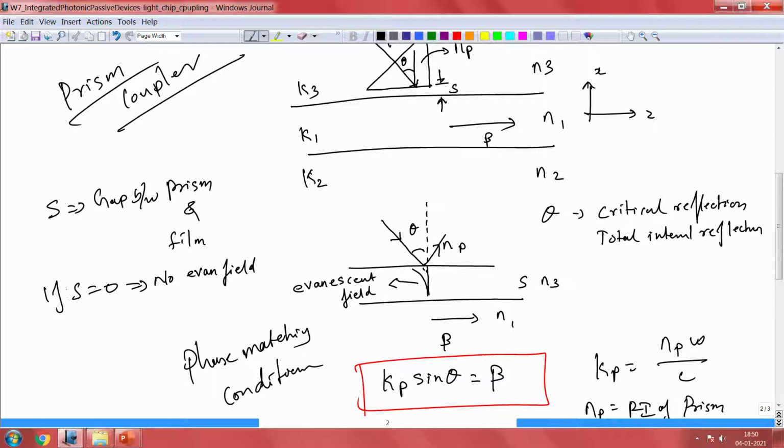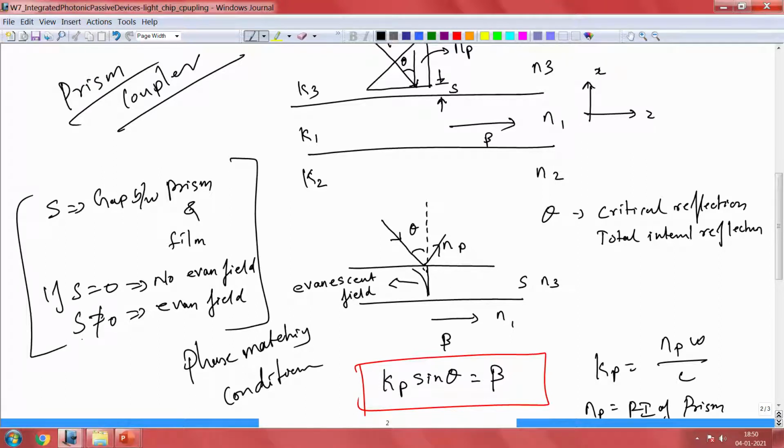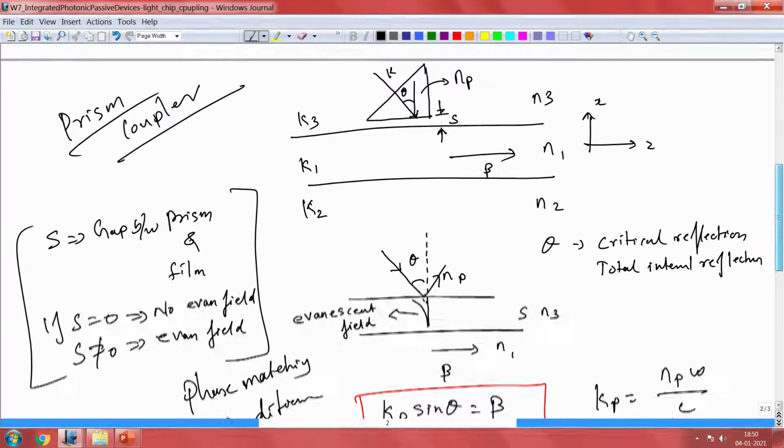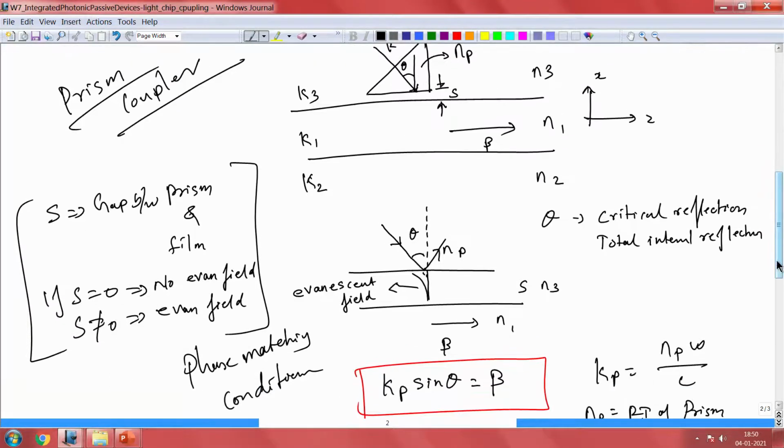So, S should not be equal to 0. When you have this gap, then you create the evanescent field. Just keep that in mind. You should have a certain gap that will be taken care of by your coupling.